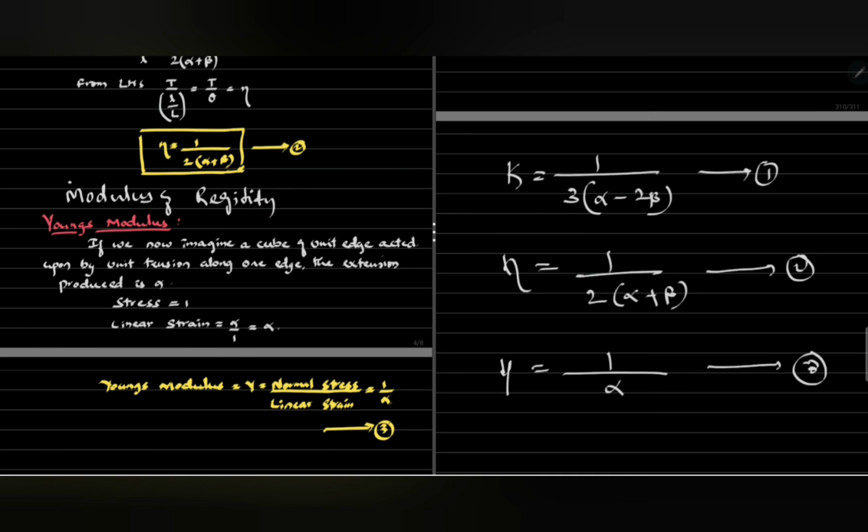Using these 3 equations we will derive the relation connecting the elastic constants. How we get the relation connecting them with one another, we will derive in the next class.